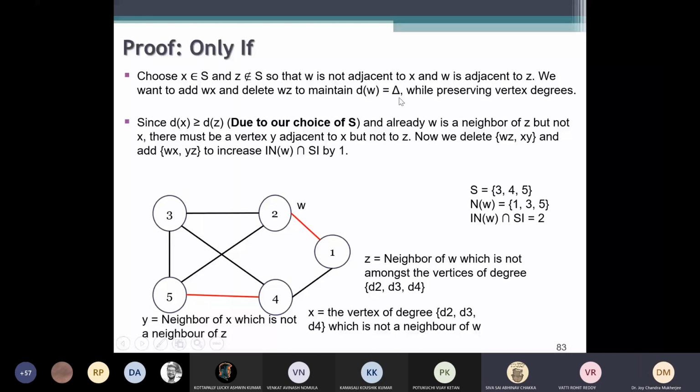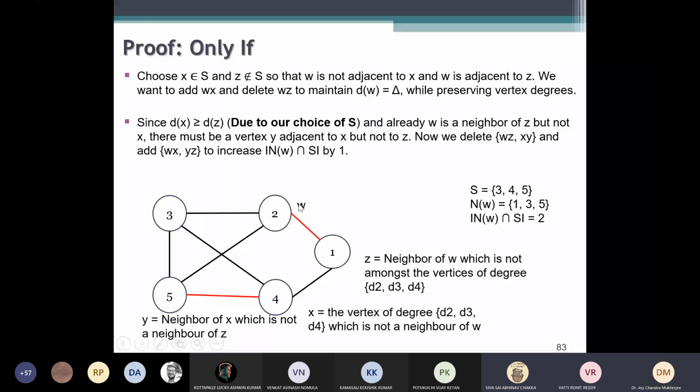Now, what are the challenges to do that? Since the degree of x is greater than the degree of z. Why will the degree of x be greater than the degree of z? Because of our choice of S. What is S? S is the next three neighbors of W. So this is my W, the next three neighbors are 3, 4 and 5. Why do we choose 1?